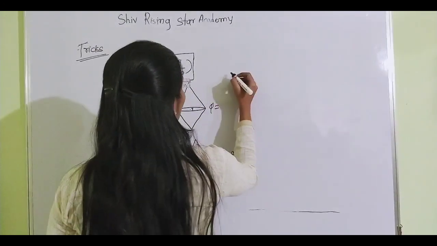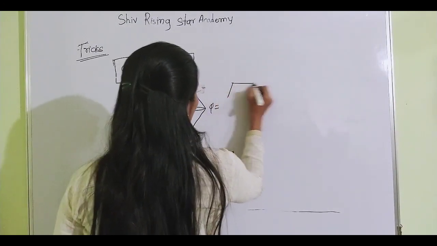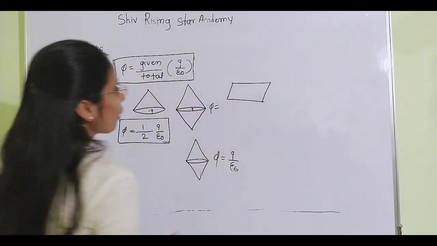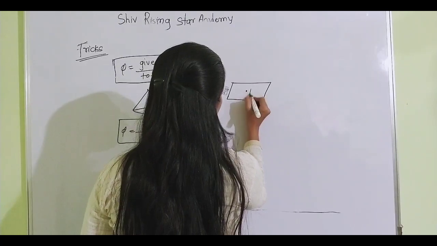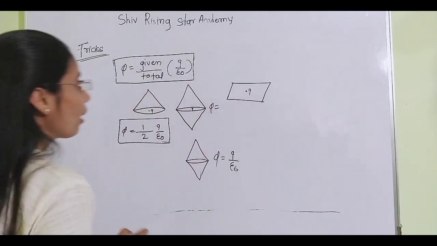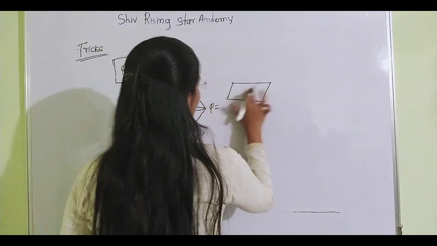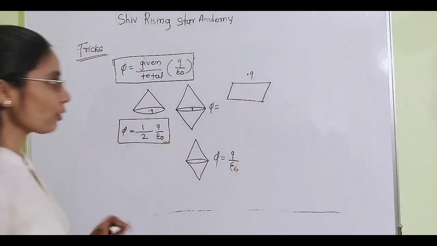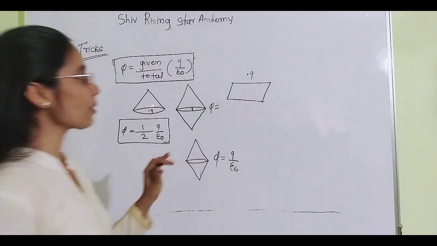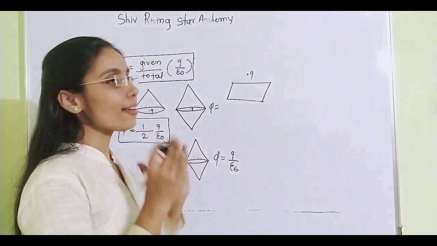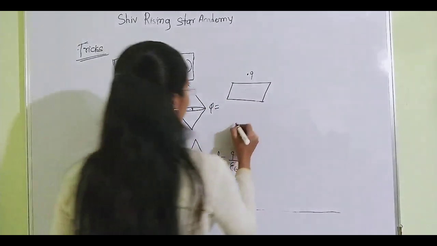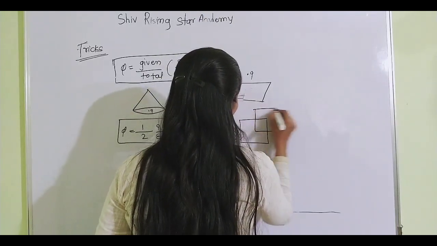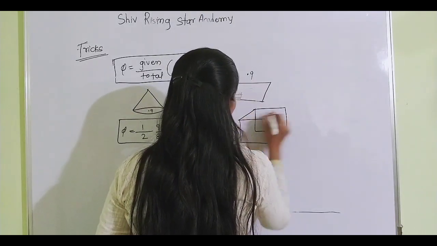Suppose this is a cube, and we consider the charge q here. For the complete enclosure of this charge, a cube requires 6 surfaces.